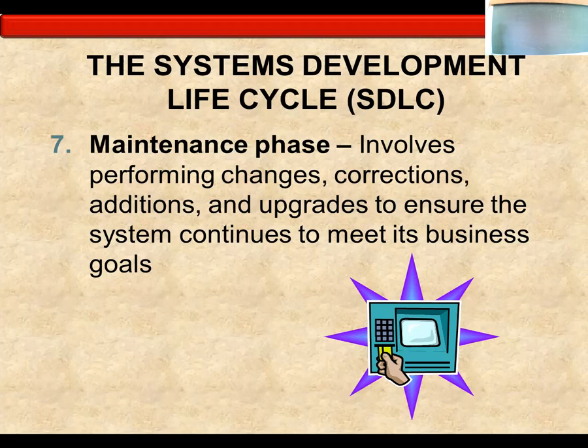So the maintenance phase involves performing changes, corrections, additions and upgrades to ensure the system continues to meet its business goals. So as time goes, the project needs to be upgraded, needs to be corrected, needs some changes, to ensure the system continues to meet future business needs.